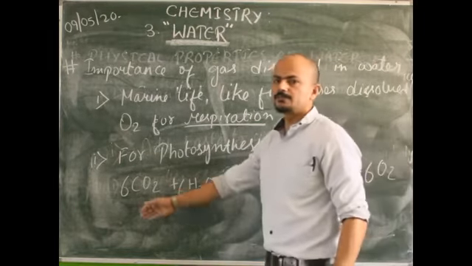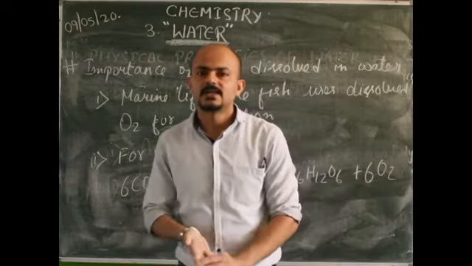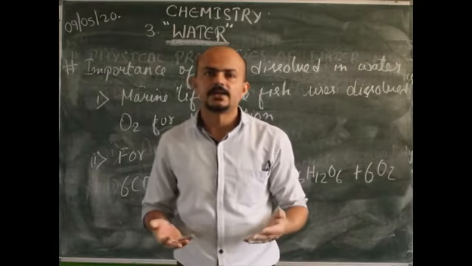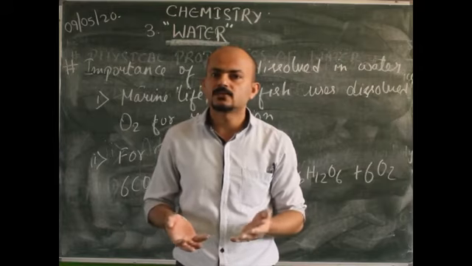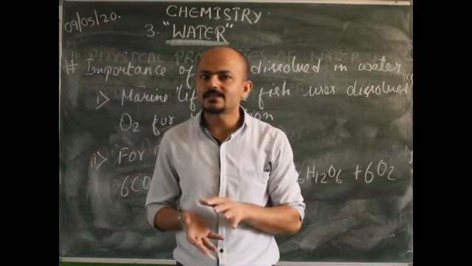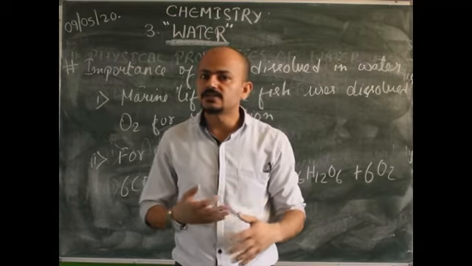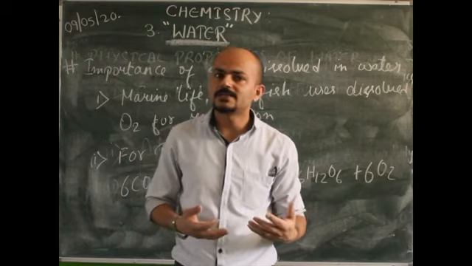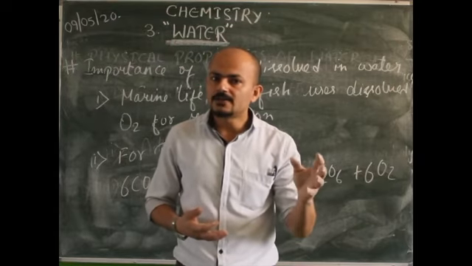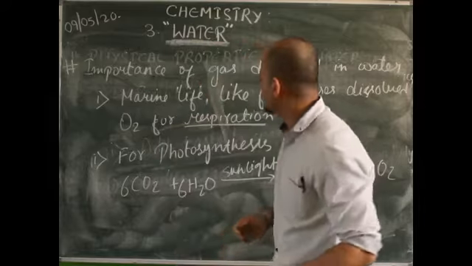So two main importance. Now one more importance is that, like you have seen snails, oysters, they have a protective shell upon them. Now this is also from where they get it. The dissolved carbon dioxide will react with limestone. Let me write that reaction.